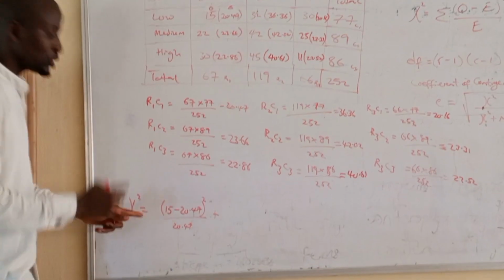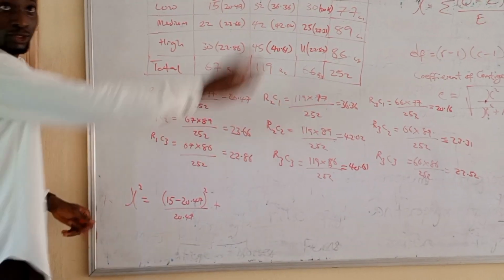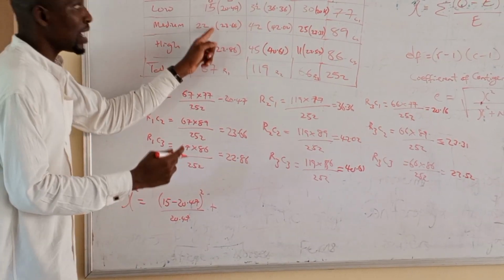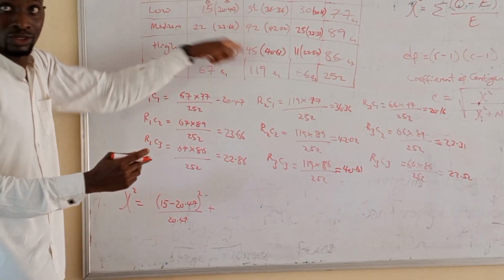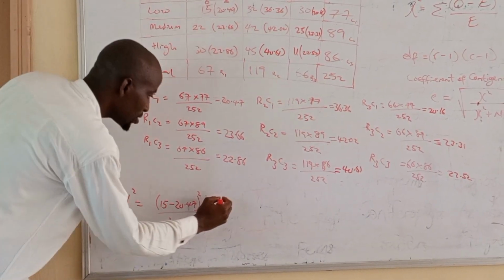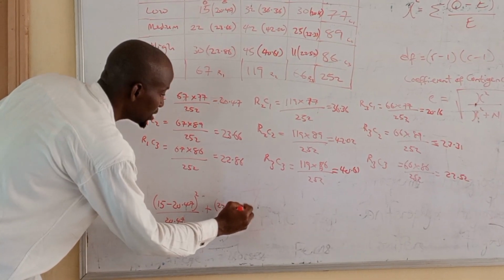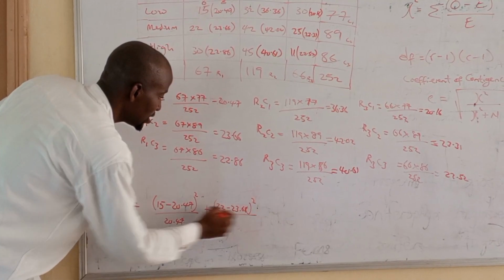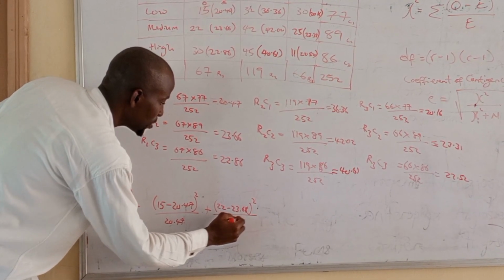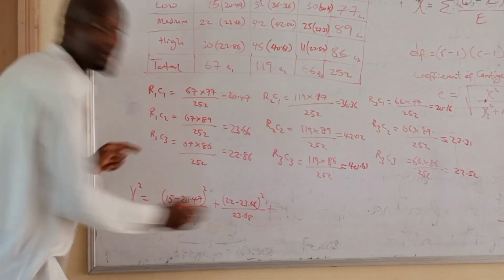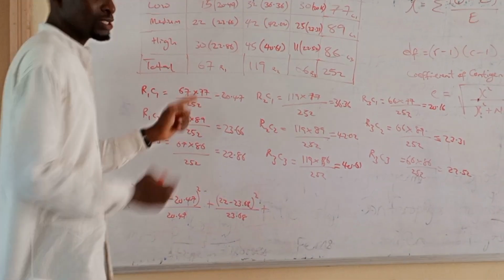Plus, it says summation of, so that means you are summing all of them. You will take the second one, I'm taking it one by one, so I will not mix it up. This one will now be 22 minus 23.68 squared divided by 23.68. We are done with the second one. We are still going to 9.